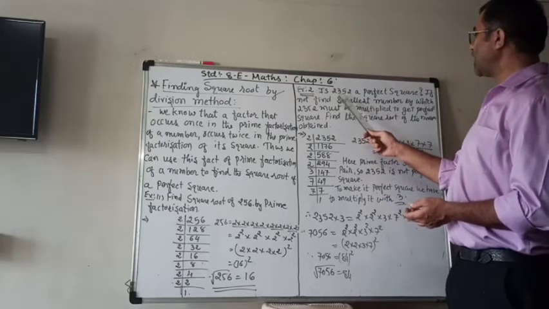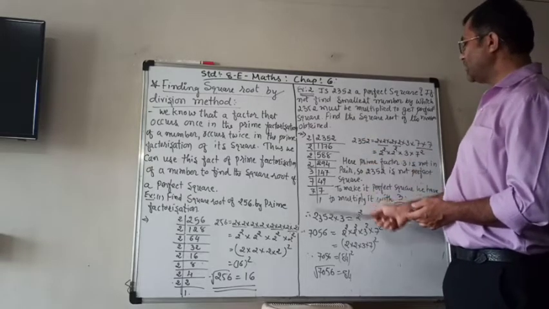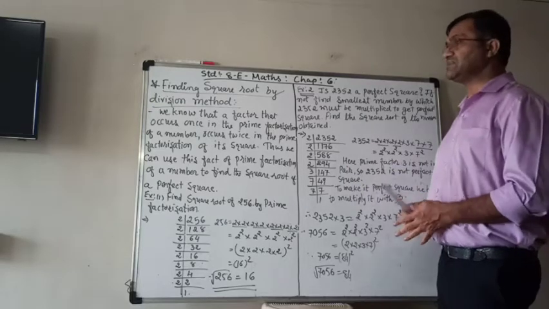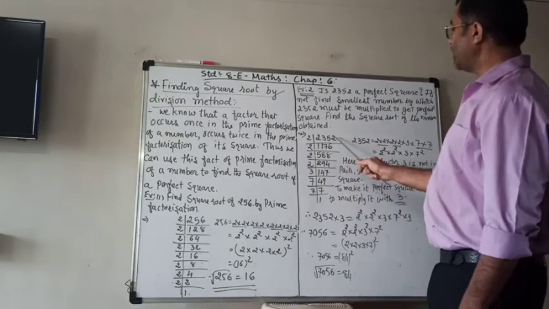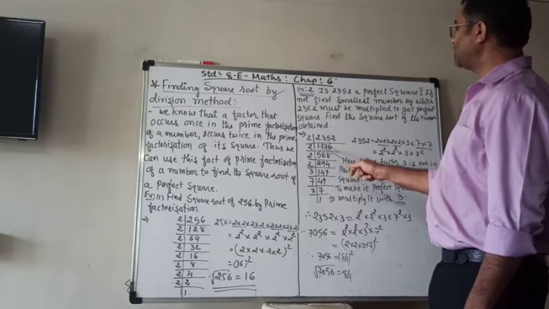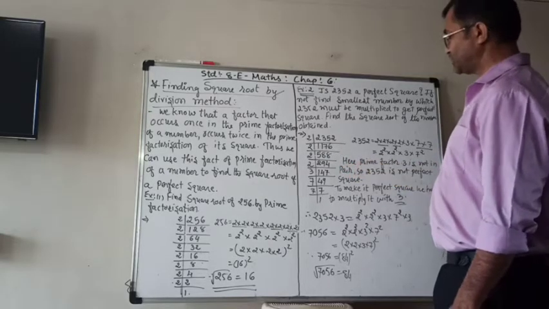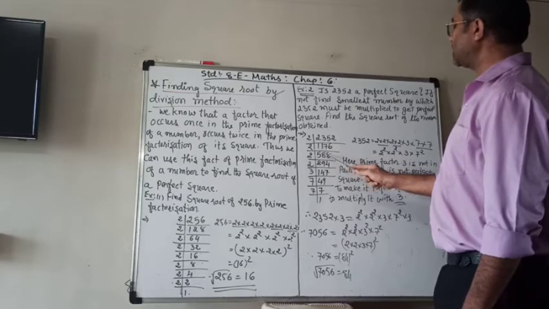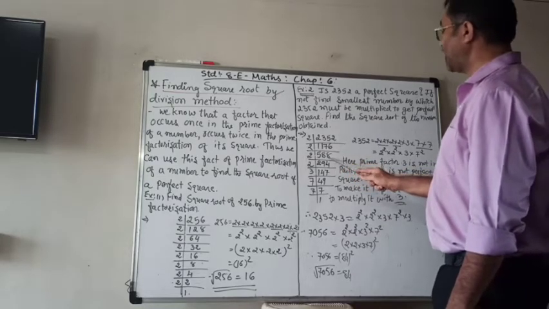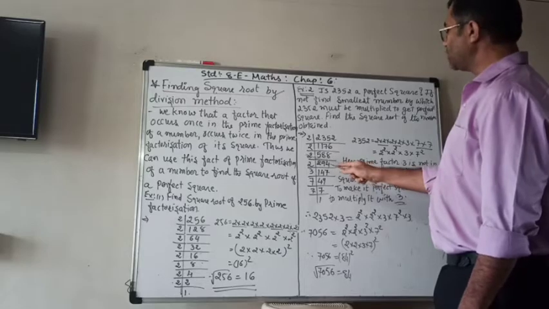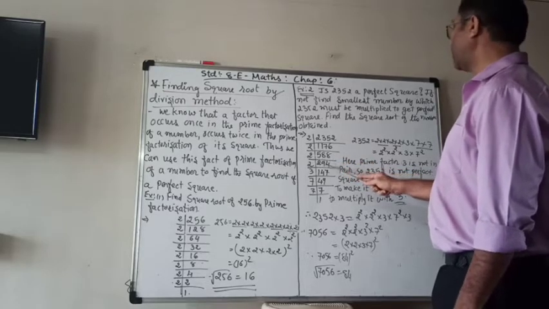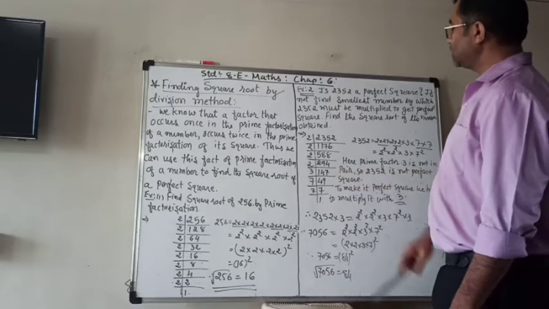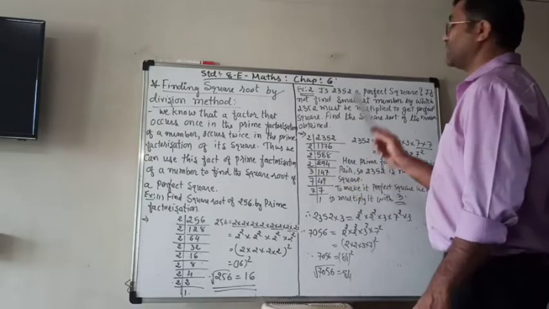So now here, for 2352, we have done the prime factorization. It is an even number, so divide by 2, we get 1176. Again divide by 2, we get 588. Still an even number, so divide by 2, we get 294. Still even, divide by 2, we get 147.